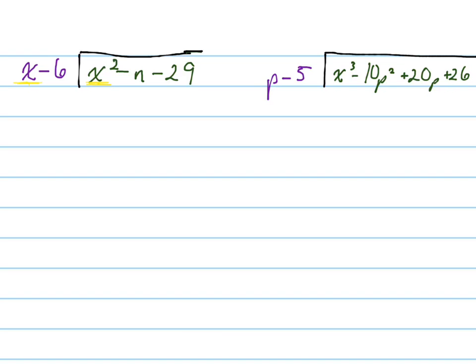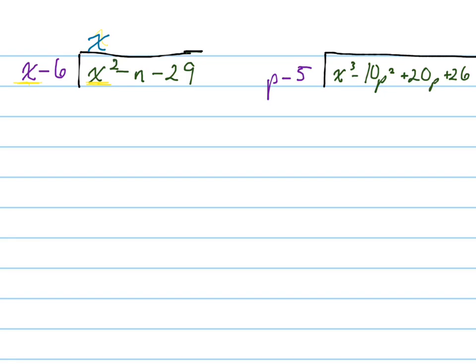We don't want that. Remember, we multiply the number on top by the number that we're dividing by to get the number underneath. So I think to myself, x times what is x squared? And that's x. So I write x. So x times x is x squared.